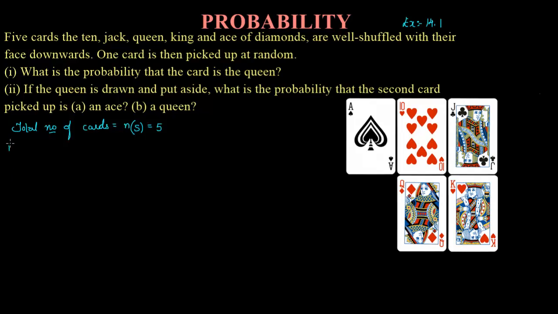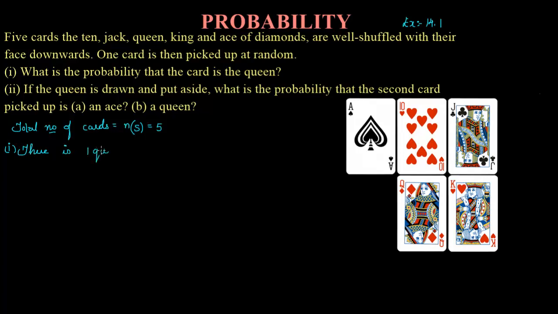Now part 1 of this question: what is the probability that the card is a queen? How many queens are there out of these 5 cards? Only one queen.